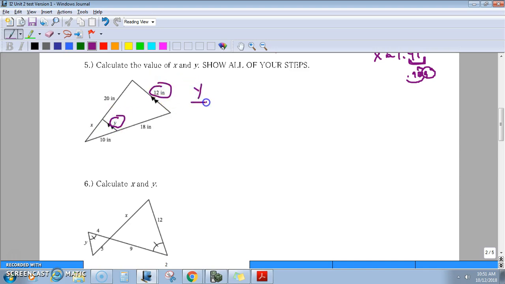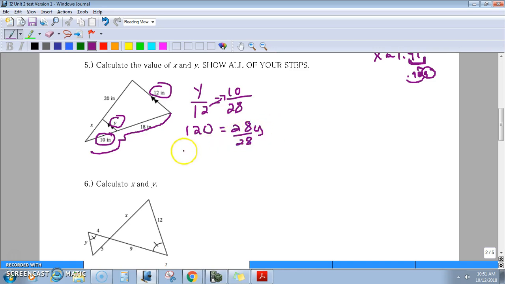So we know y over 12 is equal to, and the short side here is 10, and the long side here is not 18, it's 18 plus 10, which is 28. Okay, then we cross multiply here, we get 12 times 10, I know anything times 10 you just add a 0, so that's 120, equals 28 times y.